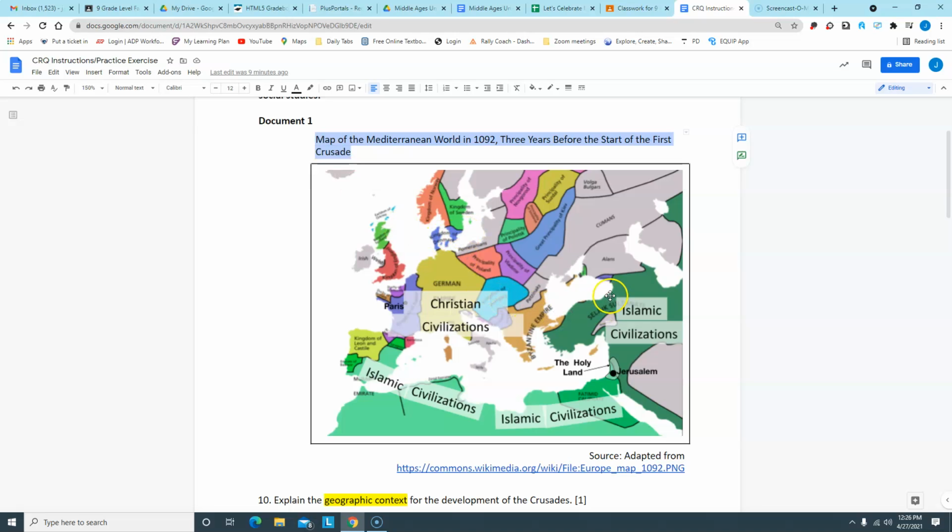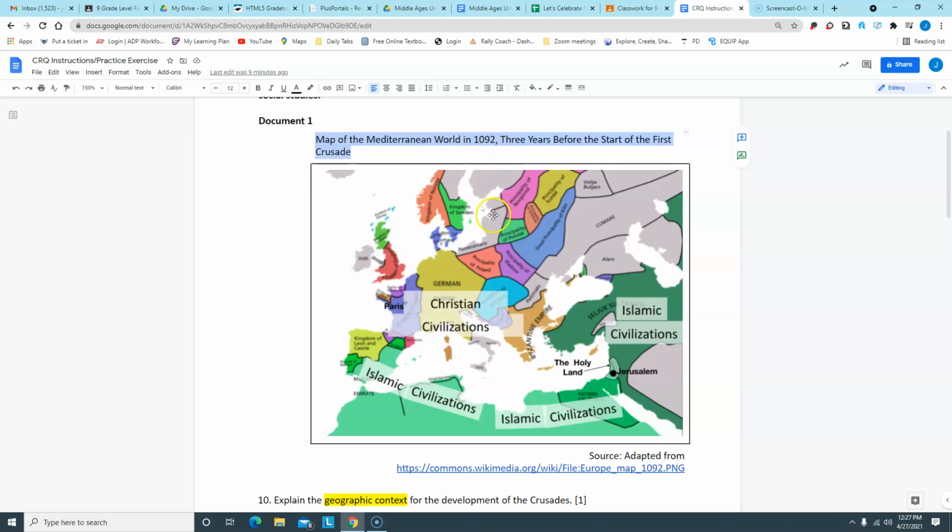Now looking at this map, we can see a bunch of different colors up here. This is Western Europe, this is Northern Europe, and then going towards Eastern Europe. These are the Scandinavian countries like Sweden, Finland, and Norway. That's what we call them today anyway.